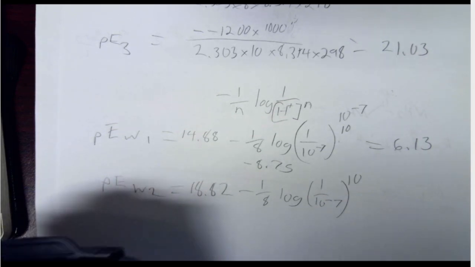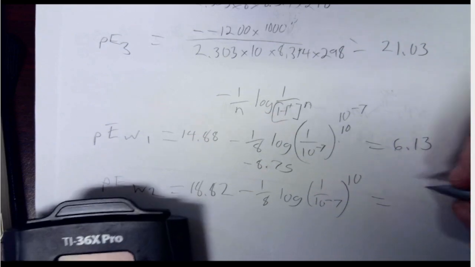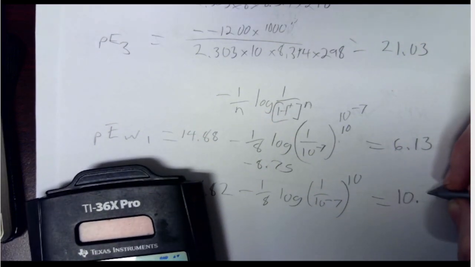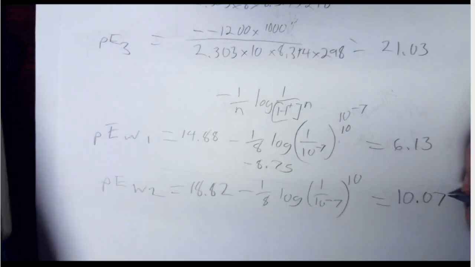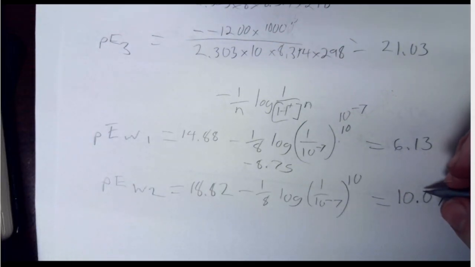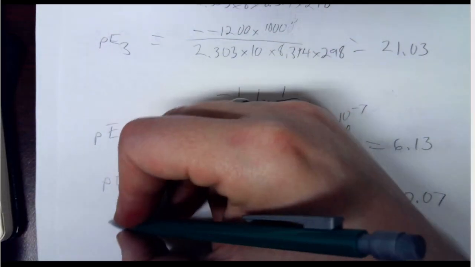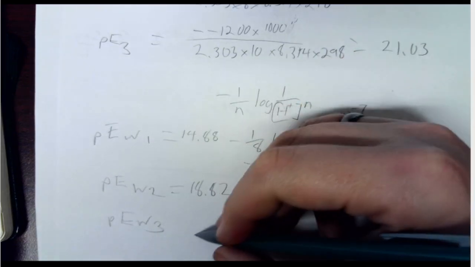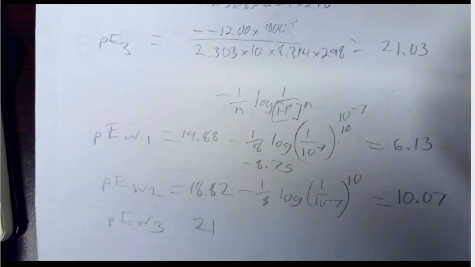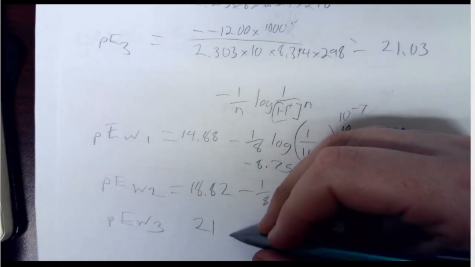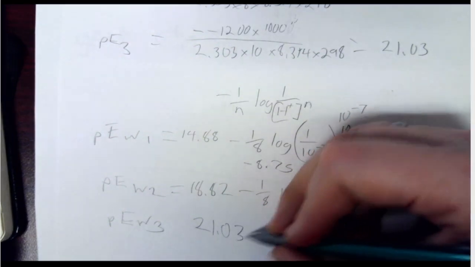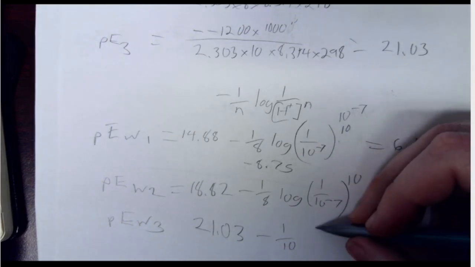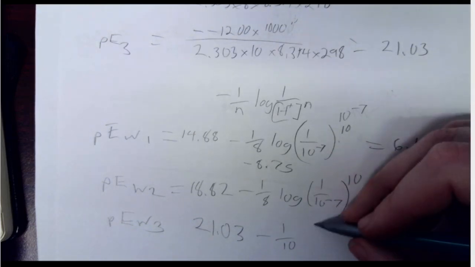And so you get a PE of water of, in this case, 10.07. And then the PE water 3, we got the 21.03. There's 10 electrons now and 12 protons.